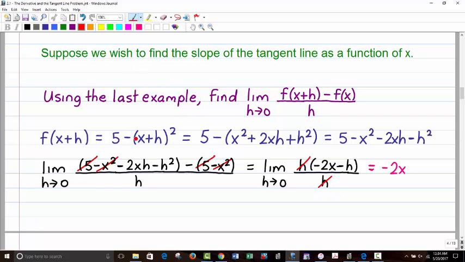So x plus h, so 5 minus x plus h squared. So you square that out, FOIL it out, it'll be x squared plus 2xh plus h squared, distribute the negative.